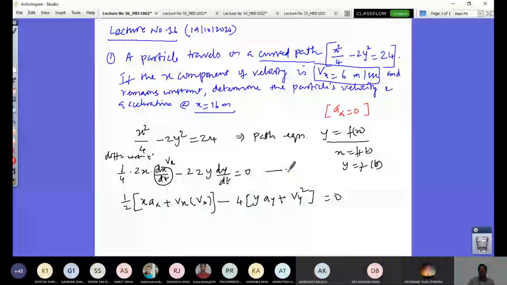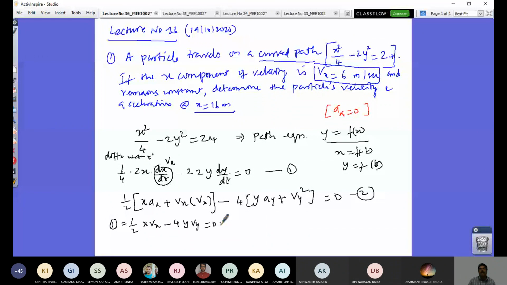Now equation 1, let me rewrite it as 1 by 2 x vx minus 4 y vy equals 0. At x equal to 16 meters, I have to get my velocity and acceleration vectors.